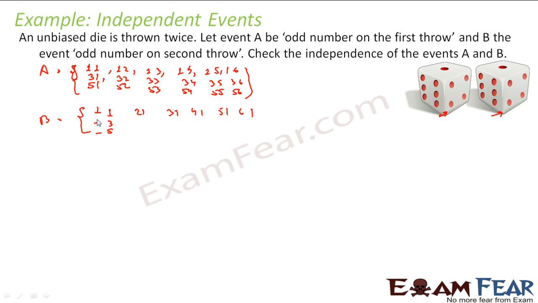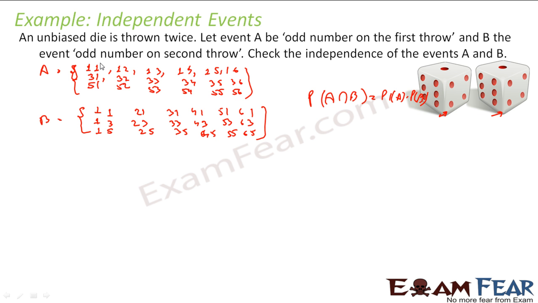Similarly, you can get 1 3, 2 3, 3 3, 4 3, 5 3, 6 3. You're also getting 1 5, 2 5, 3 5, 4 5, 5 5, 6 5. That is my set B. I have to prove that probability of A and B is equal to probability of A into probability of B.